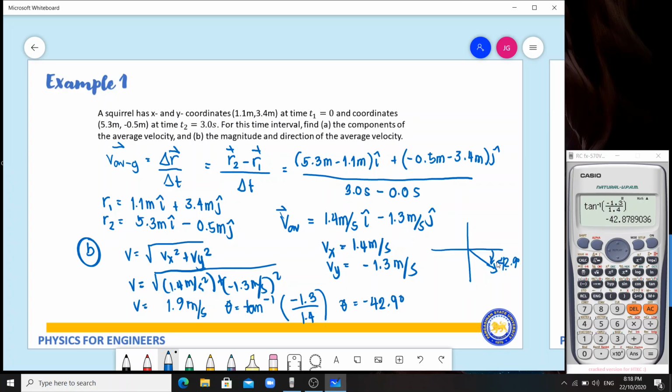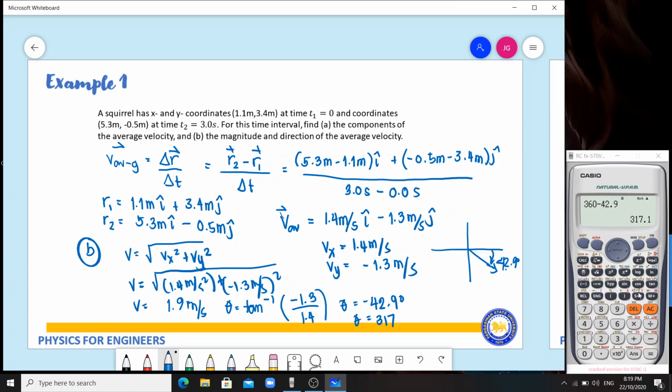42.9. Okay. So, kung manggagaling tayo sa positive x-axis, counterclockwise, ayan. So, 360 minus 42.9. So, the direction would be 317.1. Okay.